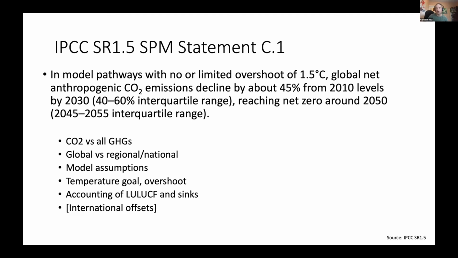So what I've pulled out here is a quote from the IPCC special report on 1.5 degrees that is very well known, I guess, that many of you have either seen directly or seen the main points taken out of it. And I want to look into certain aspects of this quote, because at first instance it sounds very straightforward, right?